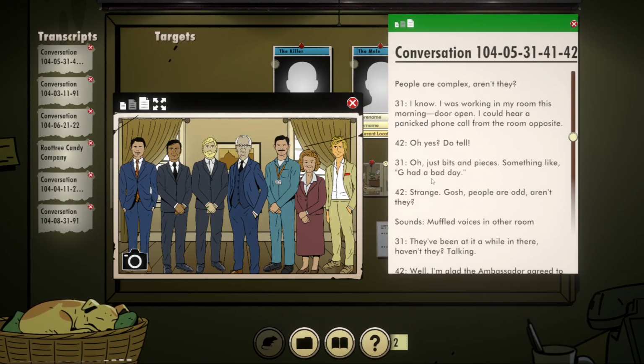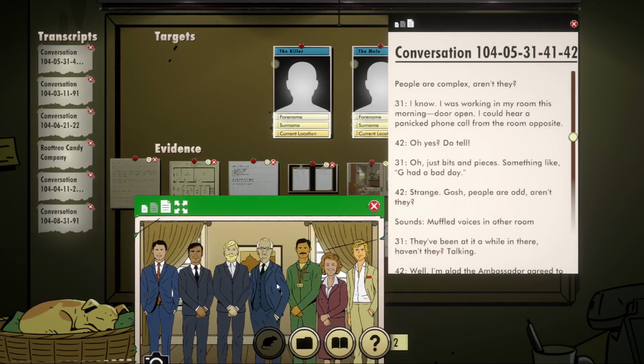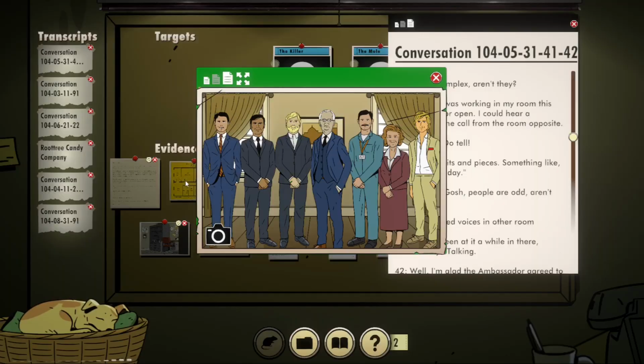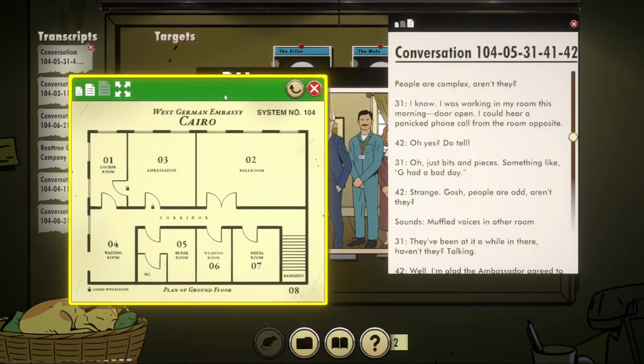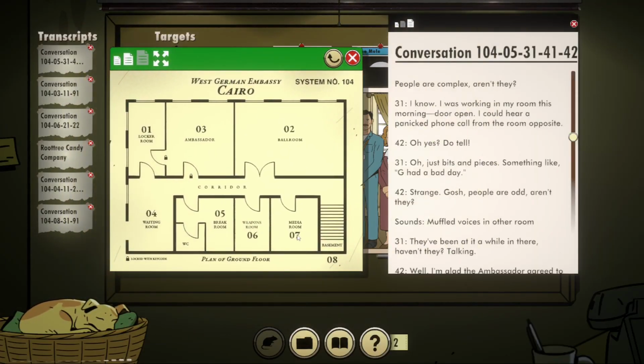G had a bad day. From the opposite room. Hold on. Wait a minute. Hold on. I was working in my room. The opposite room? It must be here, right? G had a bad day, and that was the weapons guy.